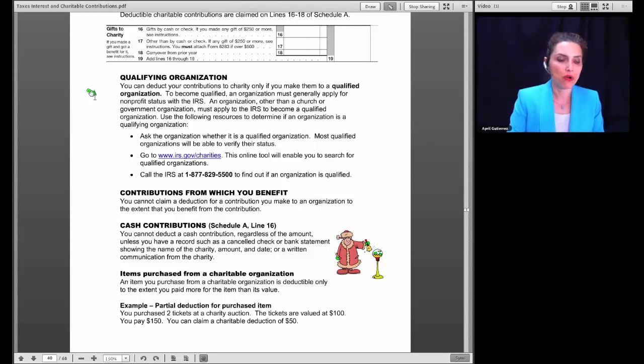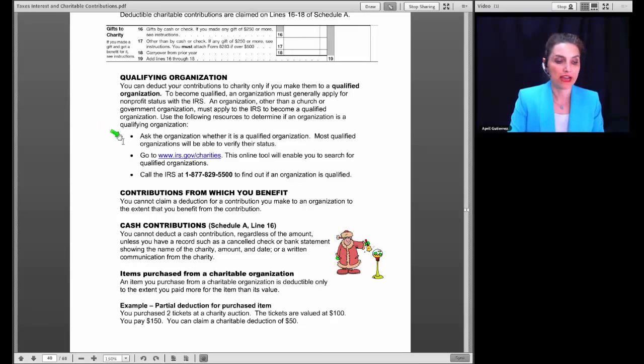And to become qualified, an organization must generally apply for nonprofit status with the IRS. An organization other than a church or government organization must apply to the IRS to become a qualified organization, and you use the following resources to determine if an organization is a qualified organization.